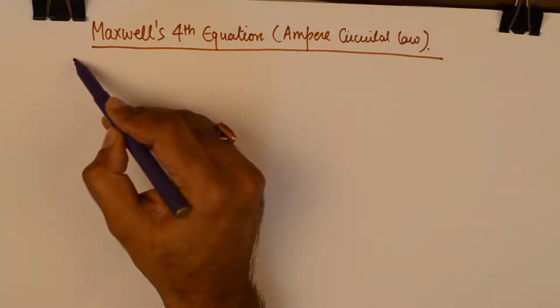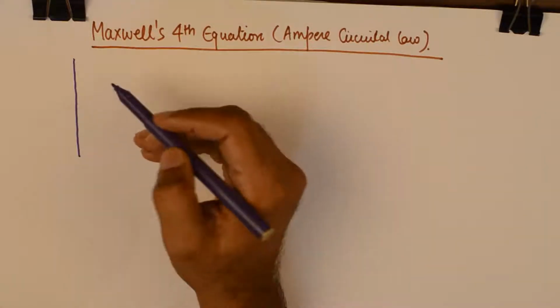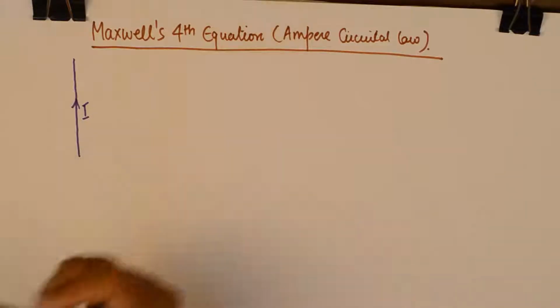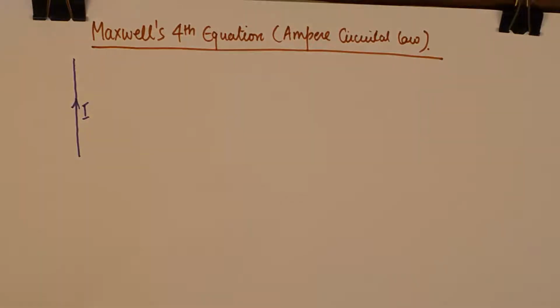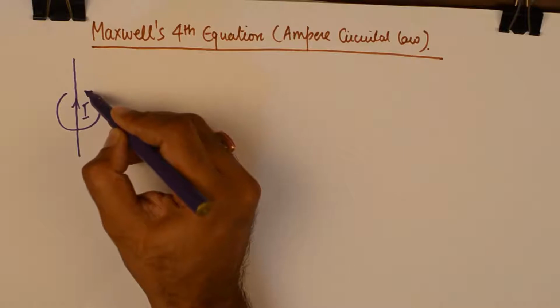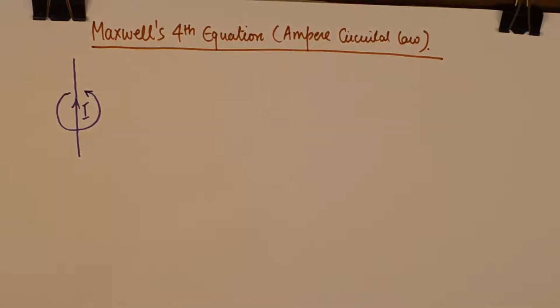If we talk about Biot-Savart's law, which is the dual of Ampere's Circuital law, that states that if I have a conducting wire and some amount of current is flowing through that wire, you'll find some amount of magnetic field intensity curling around that wire, which is governed by, of course, the right hand thumb rule.